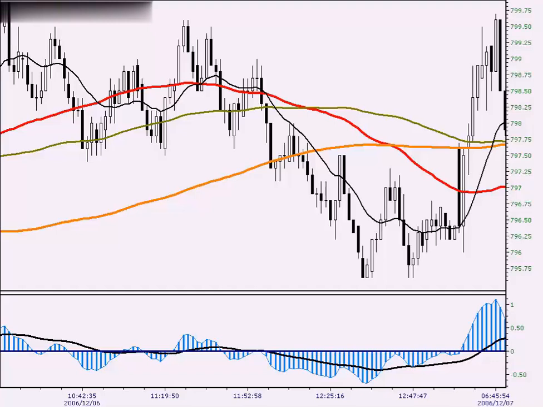This would be a normal resistance area, of course. That'd be a good target. In fact, I probably would take some off here. Not everything, but I would take some off there because you've got this cluster of moving averages. So you would take off some there, and then this is your next exit.